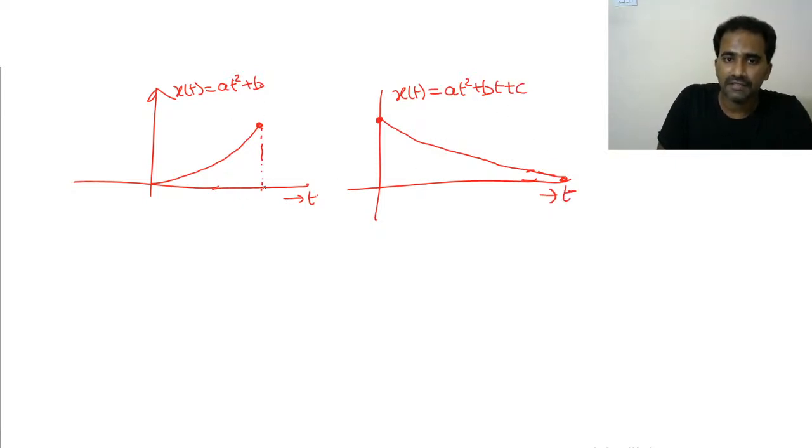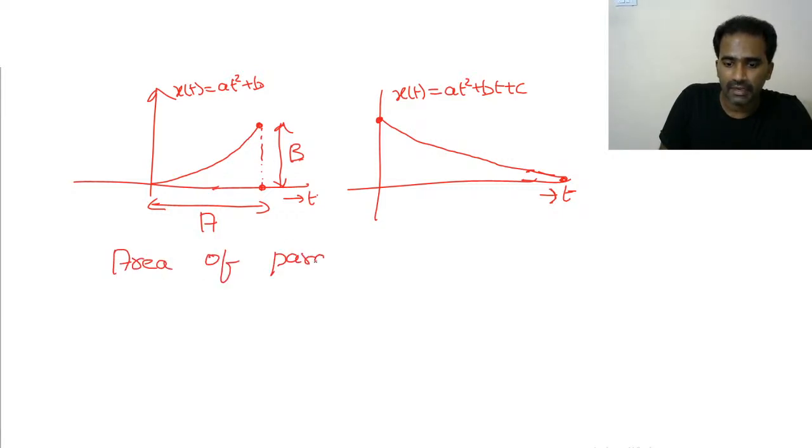Whenever this kind of graph is given, if you know the width, let me say the width is some capital A, and the height is some capital B, then the area of a parabolic graph in the region from the starting point to the ending point is 1 by 3 times base into height.